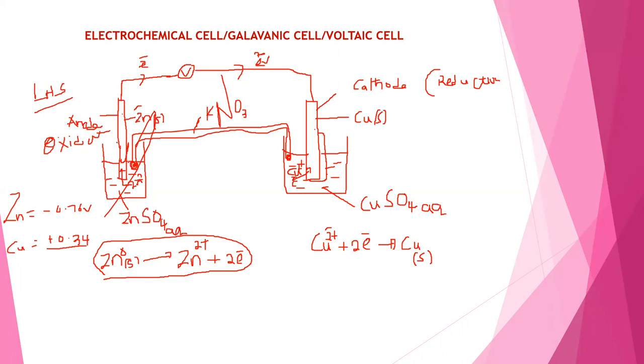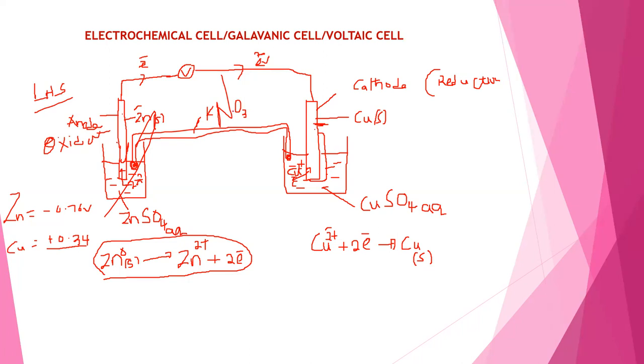Why? I've said that the copper ions react with the electrons, making this electrode bigger and hence increasing its mass.